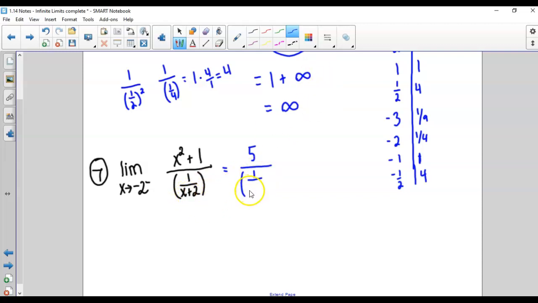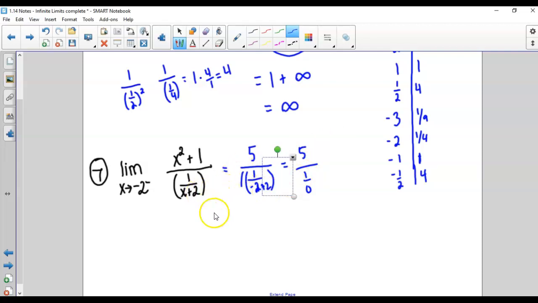So that gives us 5 over 1 over 0. So here we know we've got something where the limit does not exist.